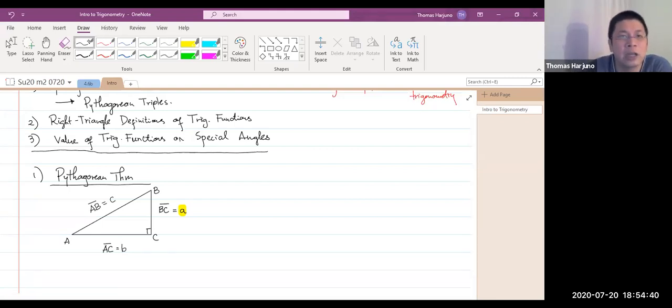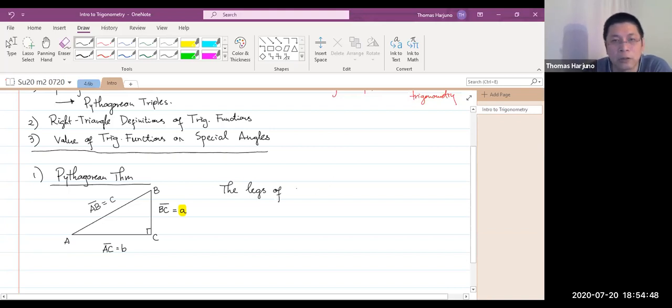Now, the legs of a right triangle are the sides whose one endpoint is the vertex with the right angle.